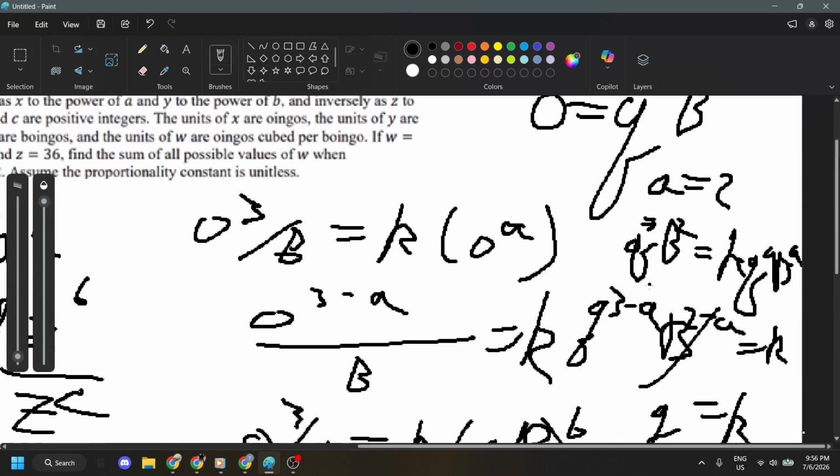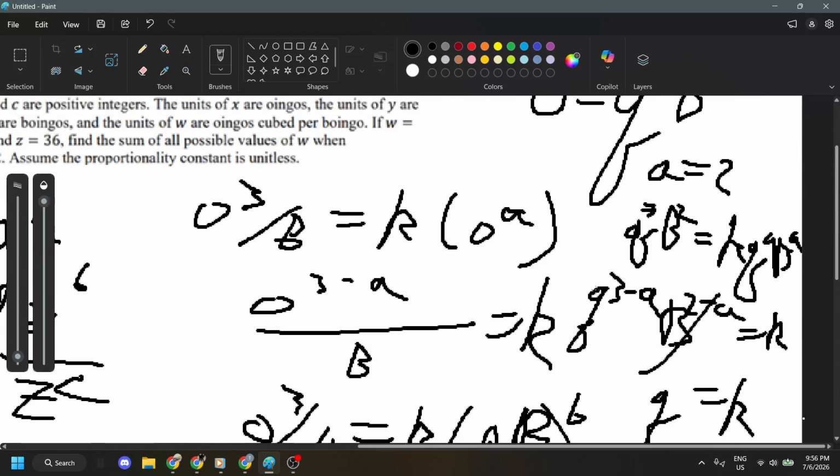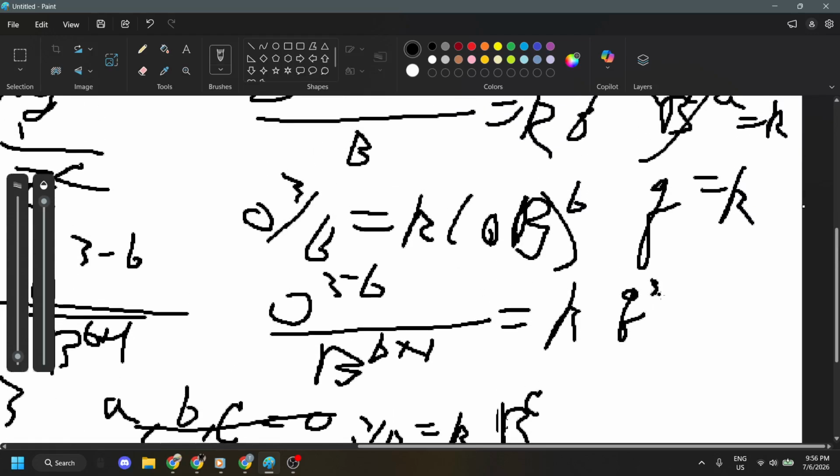So now for here, it's going to be the same thing. Q cubed boingo squared is equal to k.